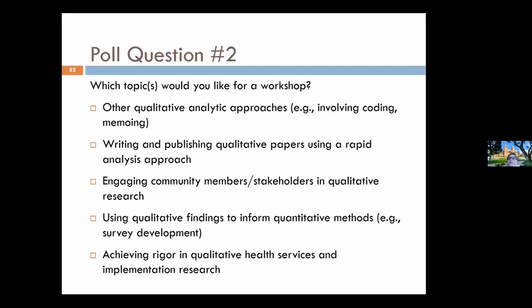Oh, that's interesting. Okay, so we'll probably do a part 2 to this, and we can get much more into writing and publishing using this approach. And it looks like other analytic approaches is popular, rigor is a popular topic. These are all kind of popular topics, so that's great.